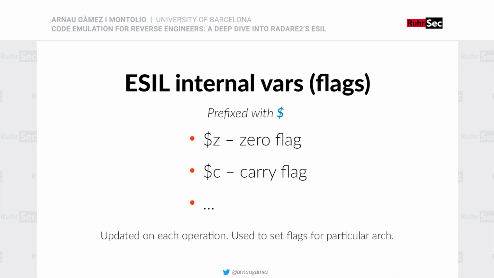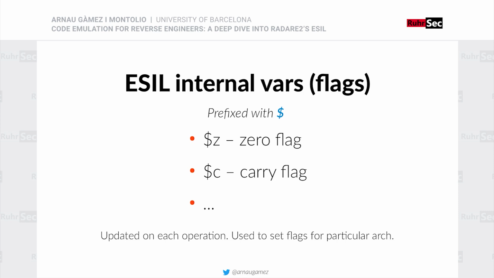And those are updated on each operation, and these are used to set the flags for every particular architecture. You might be wondering, why do you need to update those manually on each operation? That is, why doesn't a subtraction automatically update those internal flag variables?